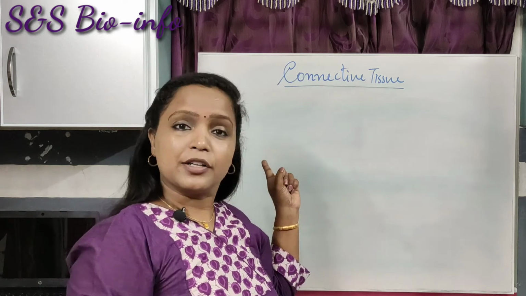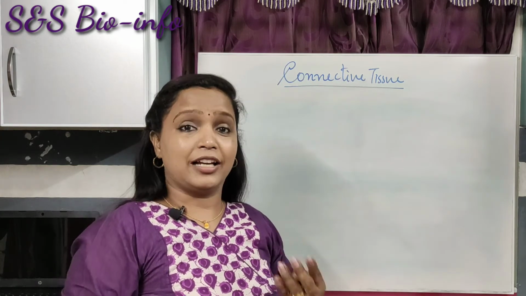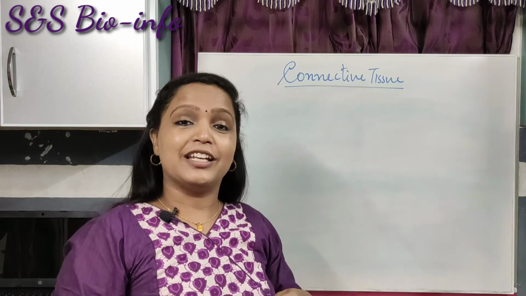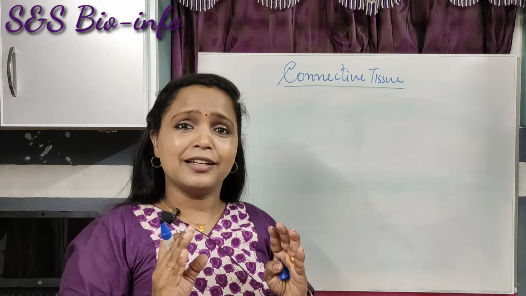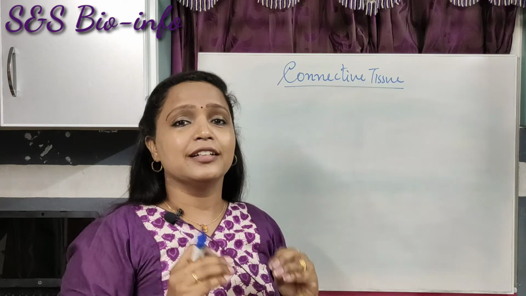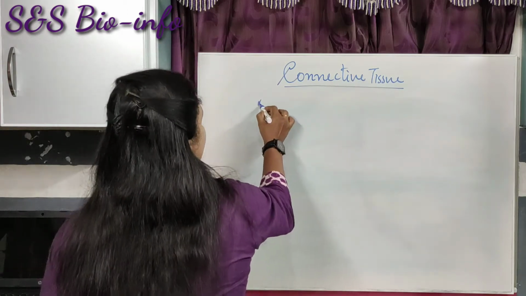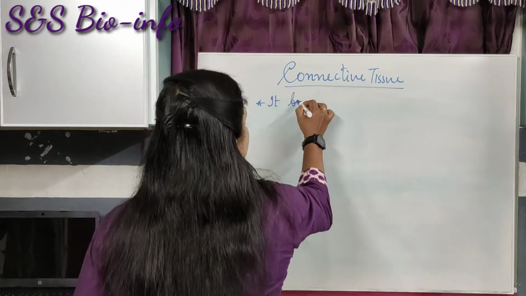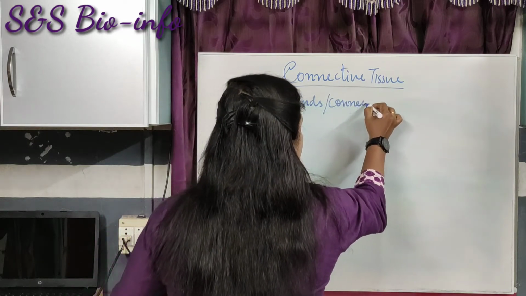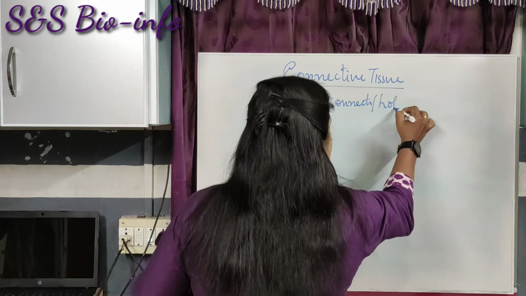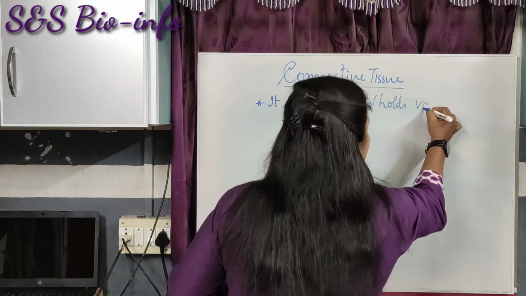Can you guess the function of connective tissue? It connects or binds various tissues or organs of the body. That is the major nature of the connective tissue. So first point, it binds or connects or holds various body parts.